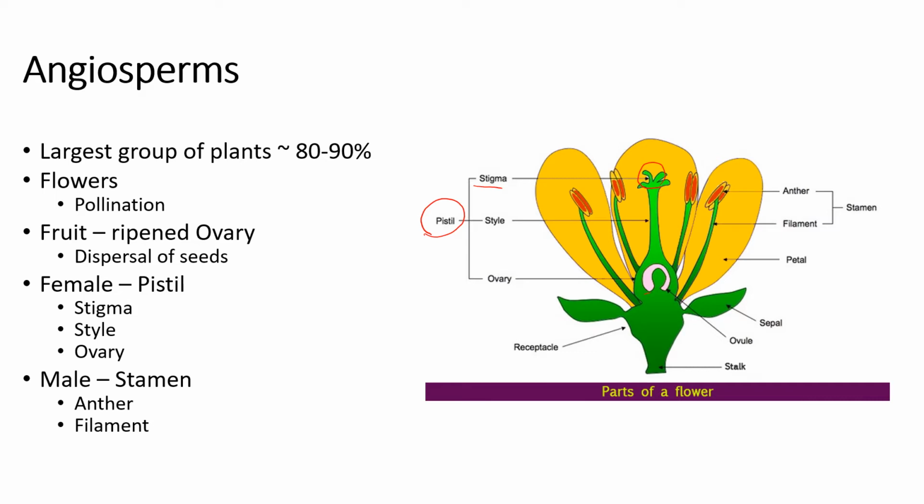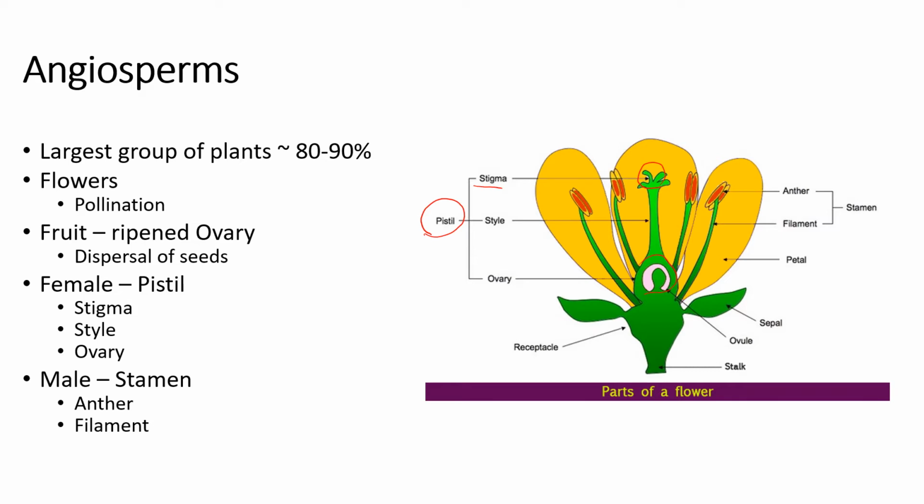Now the ovary is where the ovule that contains the egg is present. Essentially, the fruit is a ripened ovary that has the seed, the fertilized egg, inside of it.